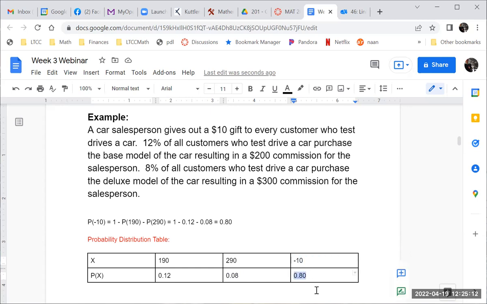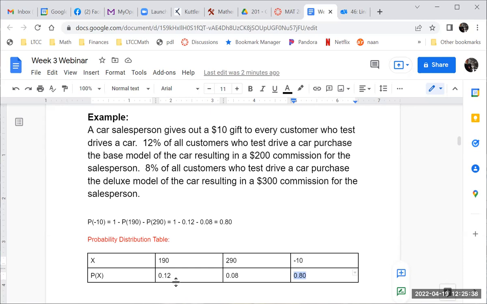How did I get 0.8? Yeah, how did I get 80%? Because 0.12 plus 0.08 minus 1 is 80. You're thinking it perfectly, you're just saying it backwards. So 1 minus the sum of 0.12 and 0.08 is 0.8. That's what you're thinking, right? Yeah, so what you were thinking was right.